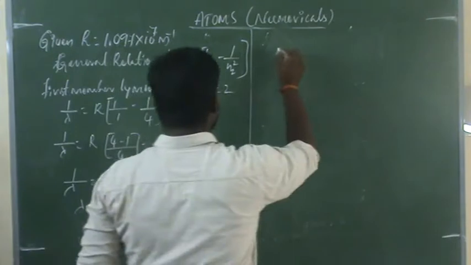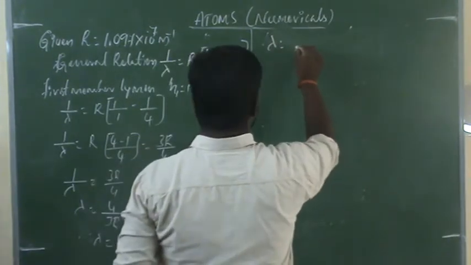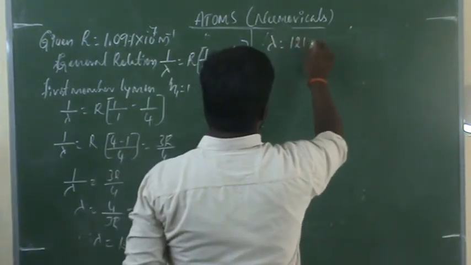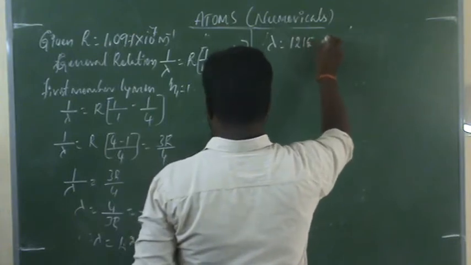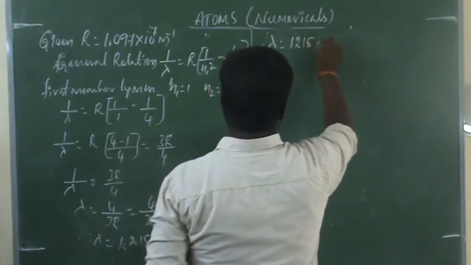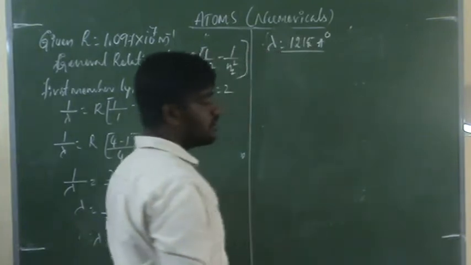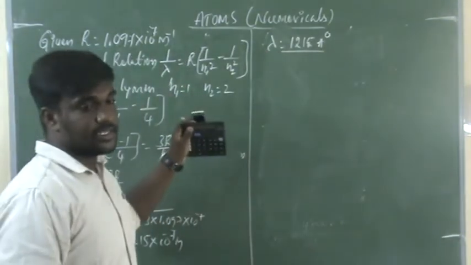We write it like this: lambda equals 1215 angstroms. That is the first member of Lyman series.